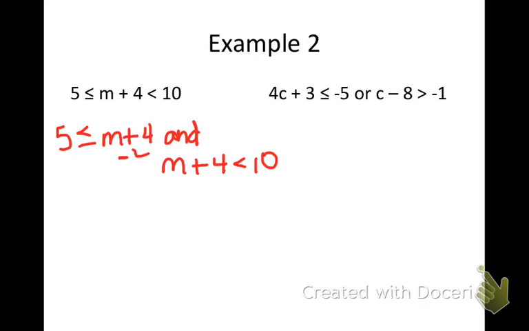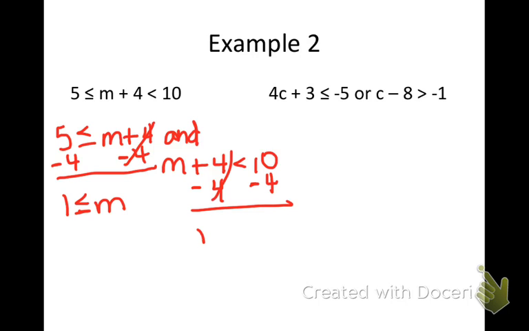So we'll subtract 4. So we'll get 1 is less than or equal to m. Solve this one by subtracting 4 and get m is less than 6.